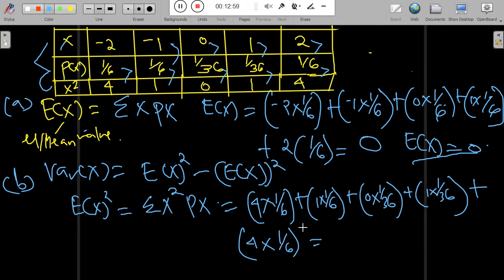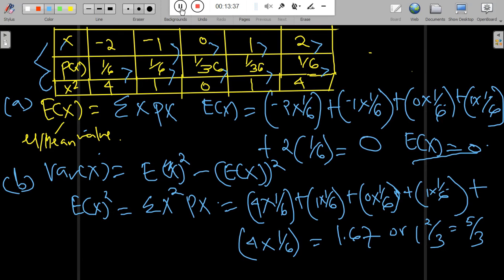So when you make the summation, the expectation of x squared will give you 1.67. So the expectation of x squared is equal to 1.67, or 1 2/3. That is equal to 5 over 3.